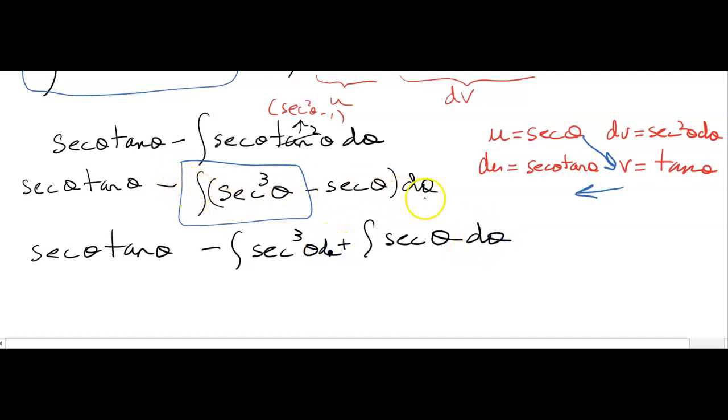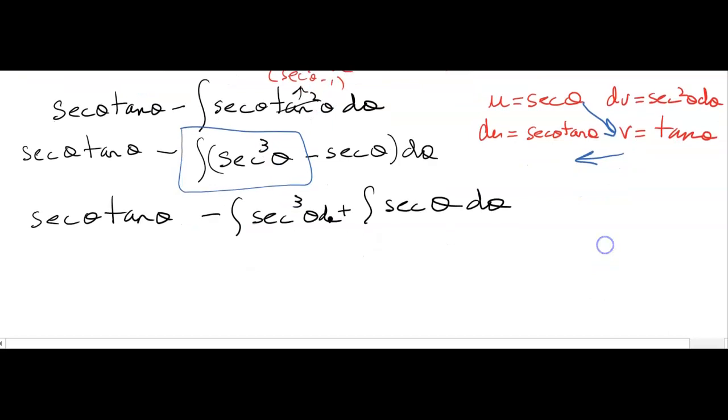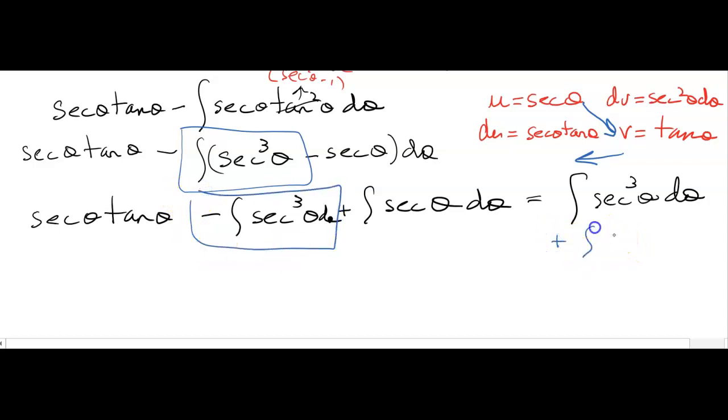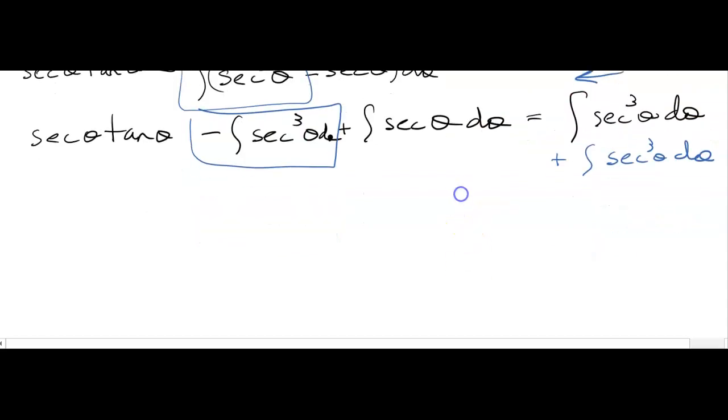I just split that into two integrals. Remember what this all equals. This all equals the integral of secant cubed theta d theta. Well, I can take this and add it to the other side, which gives me two of them. I know, this is crazy.